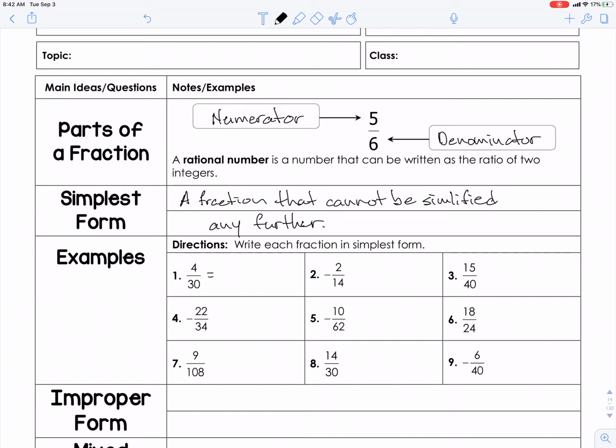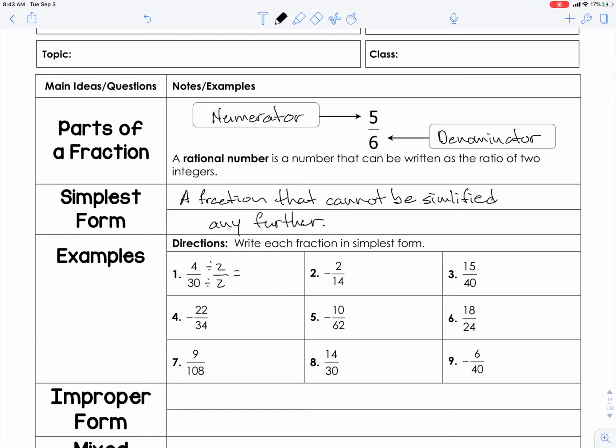Well, the only number that came up in both of those, not counting 1, is 2. I don't ever want to use 1 because that won't reduce a fraction. So now I want to divide the numerator and the denominator by that number that came up both times. 4 divided by 2 is 2. 30 divided by 2 is 15.